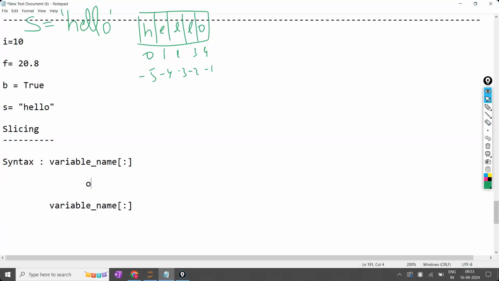So when you are using the single colon, before the colon we write the starting index number, from where it has to start. Start index number to end index number, where the starting number is included and the ending index number is not included.